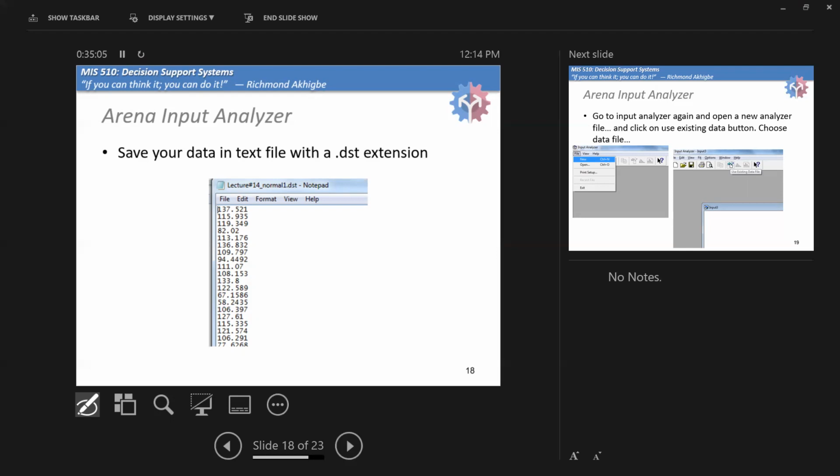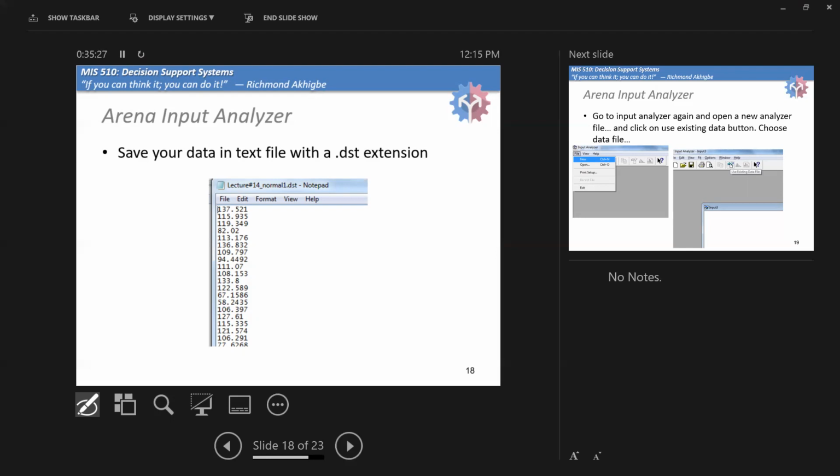I say go take it back to Arena, see how well it is able to fit. I know where the data was generated from. That's why you're seeing it like this. Normal, beta, exponential are continuous numbers. That's why you see fractions here.